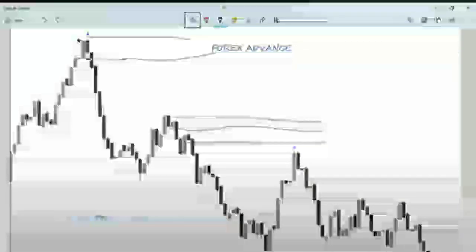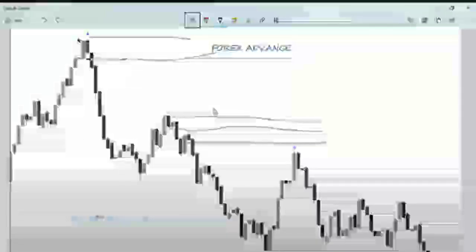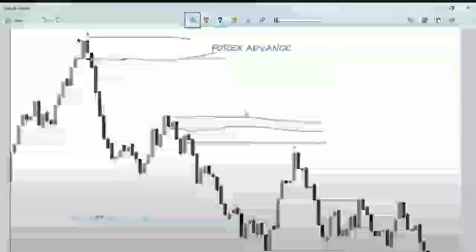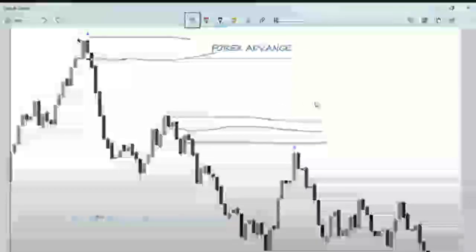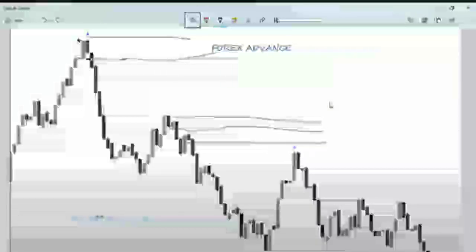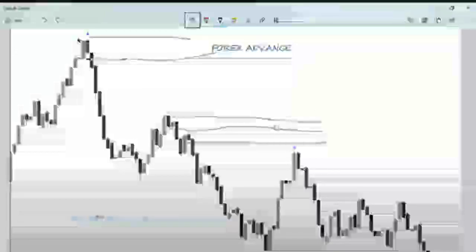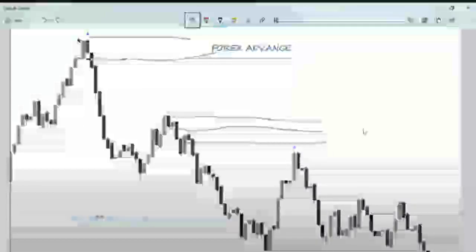So guys, there is one more important thing, as I already told you in our previous videos, that the market tries to fill its gaps, it tries to cover its gaps. The larger the gap, the larger the imbalance, the greater the chances of the market coming back to that specific point.